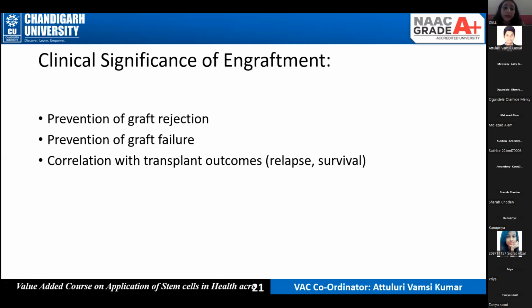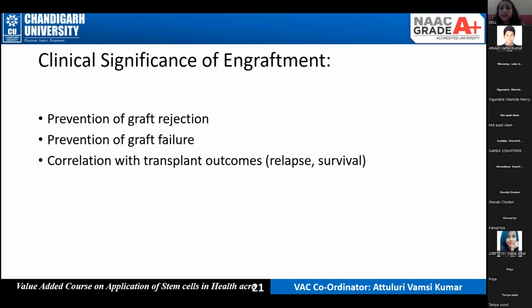So to prevent graft rejection, we give immunosuppressive drugs and provide proper HLA matching at the time of transplantation, which is going to mitigate the risk of an immune response against the graft.